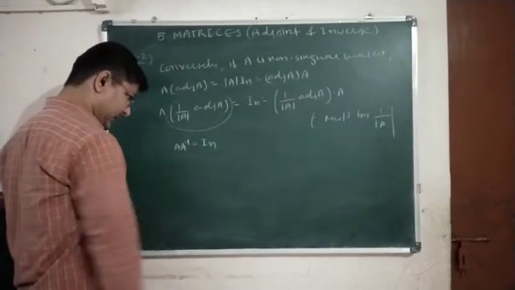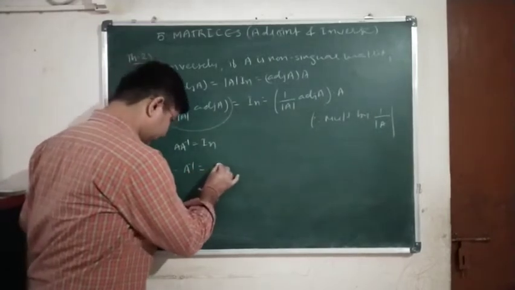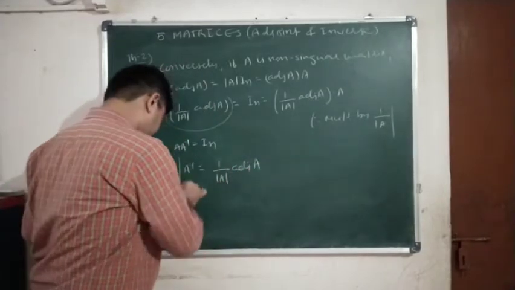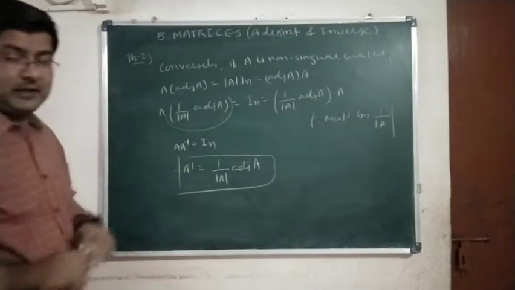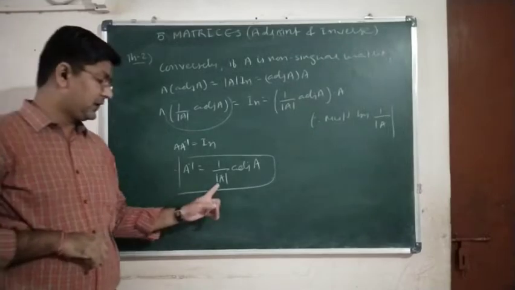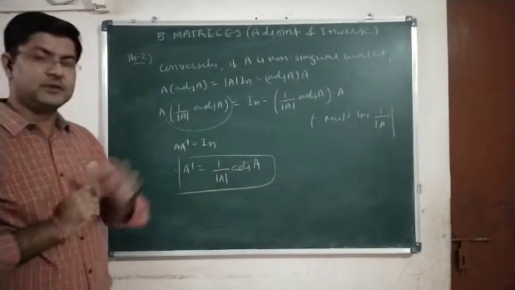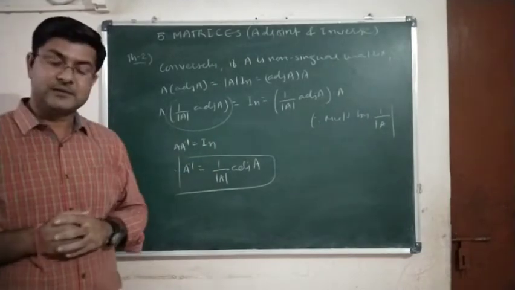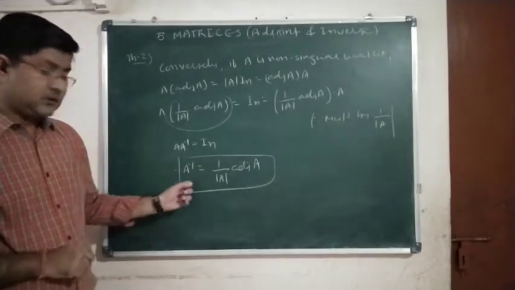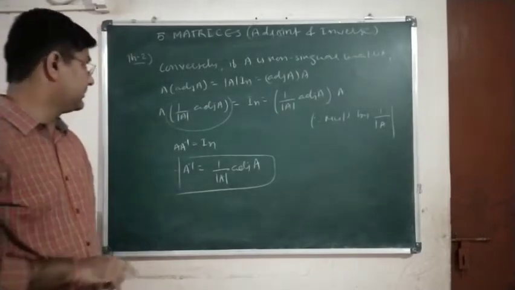So A into A inverse is equal to I_n, and therefore A inverse is equal to 1 upon determinant of A into adjoint of A. Now this is the formula derived to find the inverse of A. When you are given a matrix A, you can calculate the determinant of the matrix, you can find the adjoint of the matrix, and then you can put the values in the formula so that you will get the inverse of A. Clear? Understood? So this is the formula to calculate the inverse in case you are given a matrix, please remember.